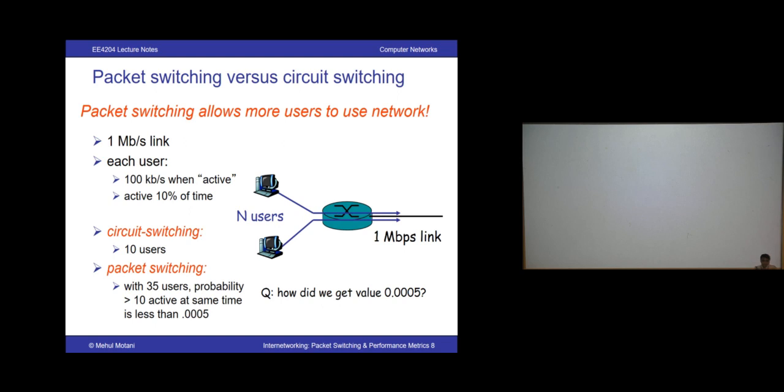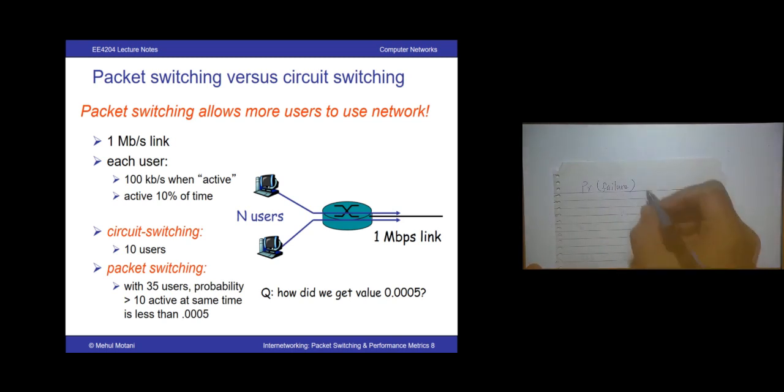So we have 10 pieces of pie. Each user wants a piece of pie. And if 11 users want a piece of pie, we have a problem. So I want to compute what's the probability that the system will fail. Right, so what's the probability of failure?